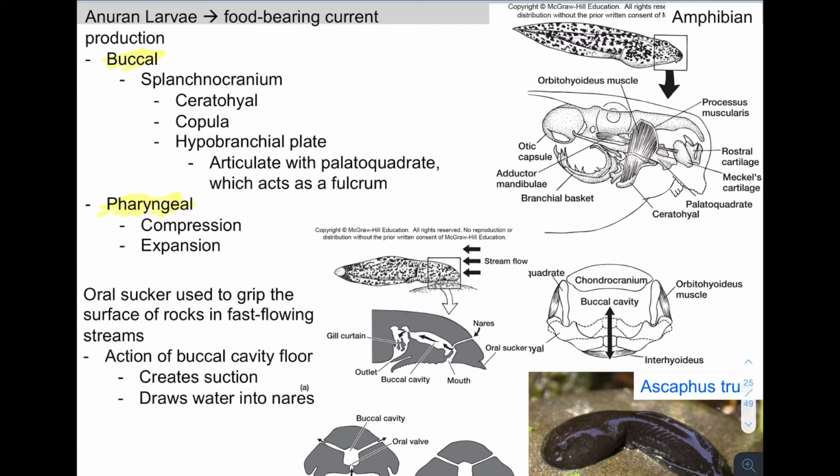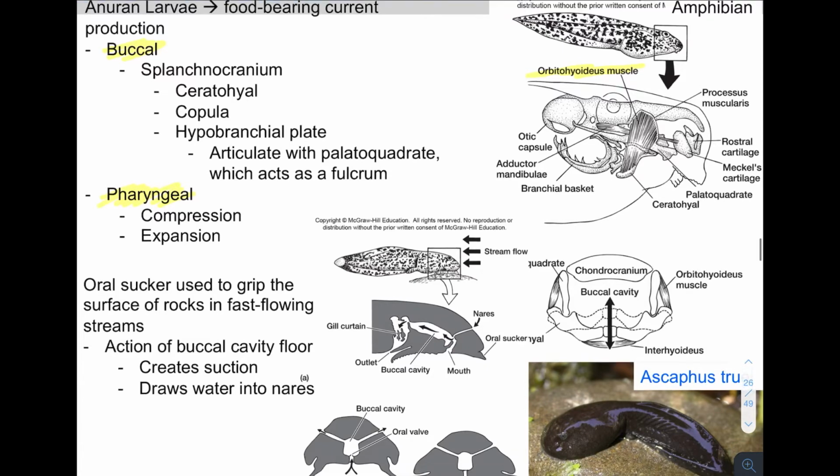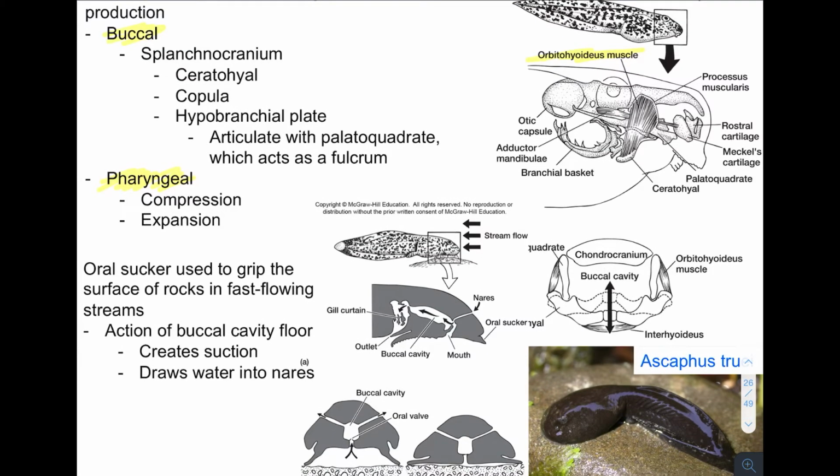We can see that we'll have a musculature that will allow for that pumping mechanism to basically expand and compress those cavities in there. And here what we can see is that ability of that oral sucker using those compressions to basically create suction onto the substrate of a plant.